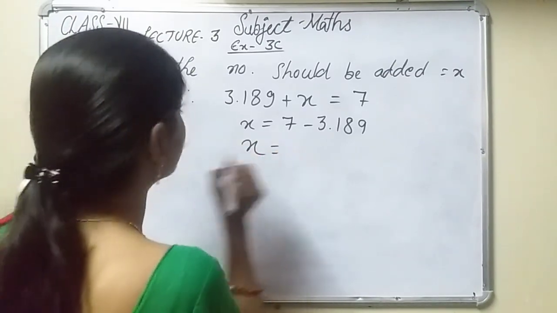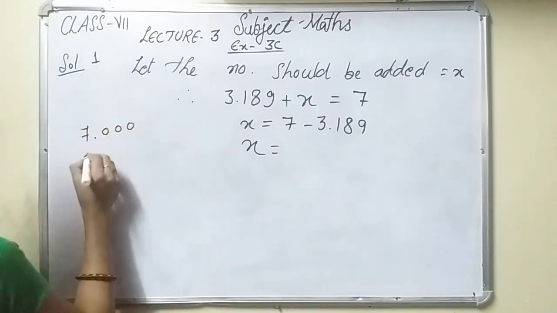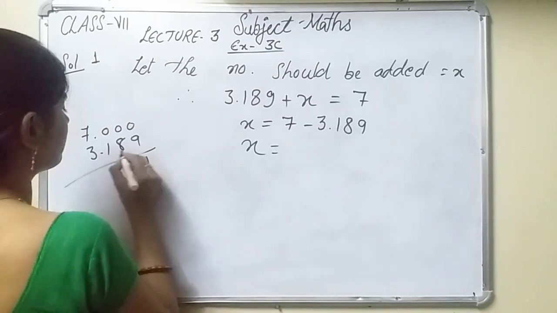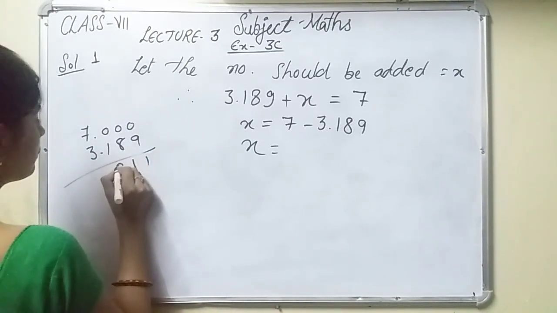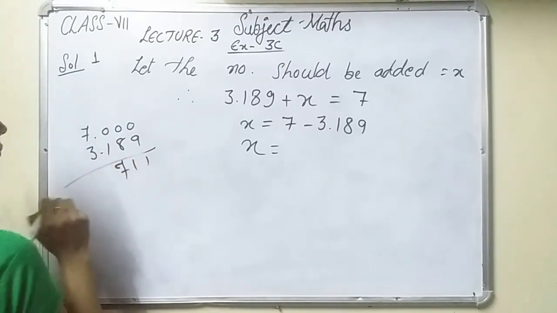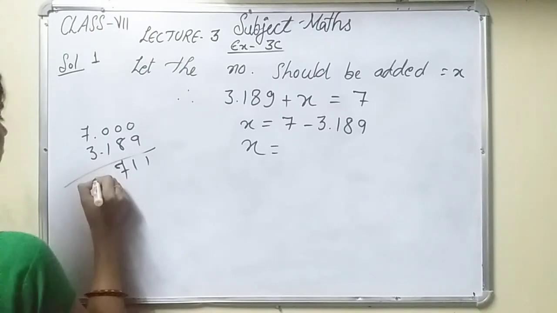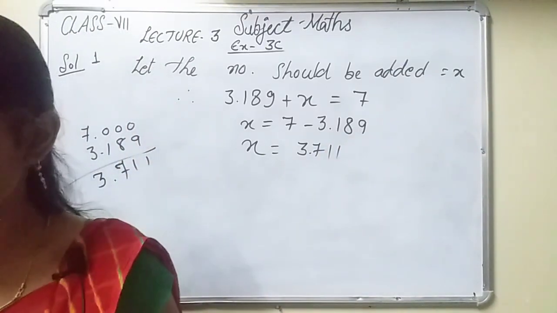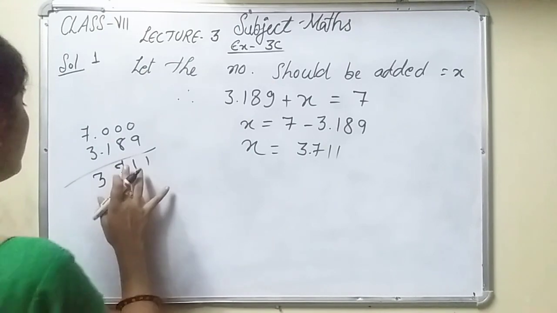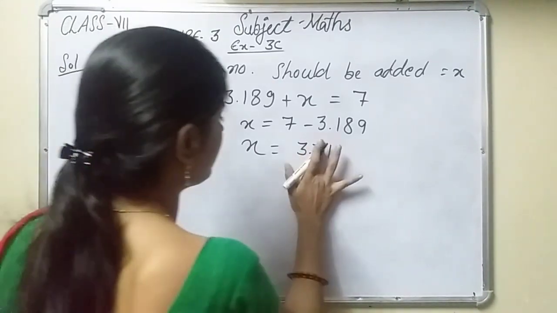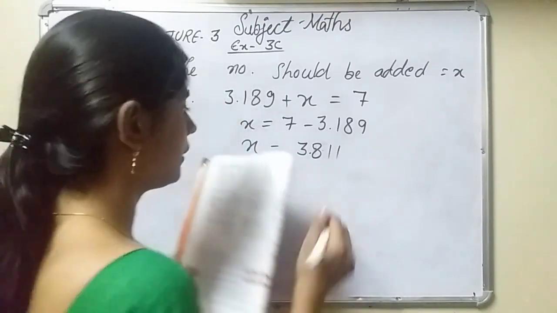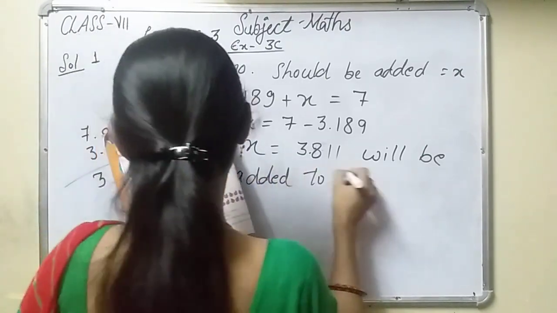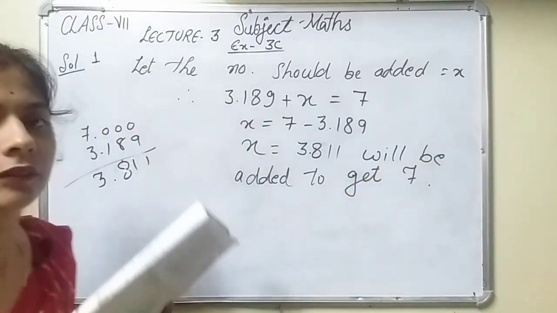Okay, now subtract it. 7.000 minus 3.189 is 3.811. So 3.811 will be added to 3.189 to get 7. Okay.